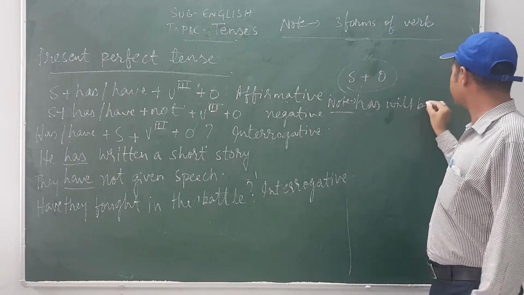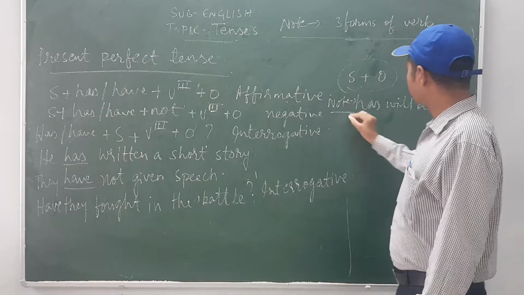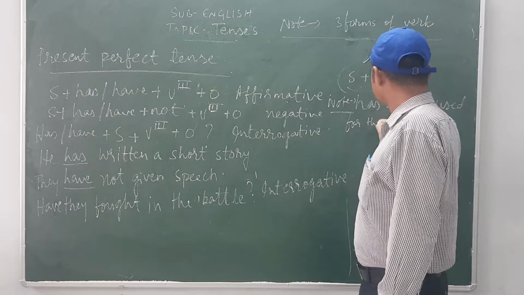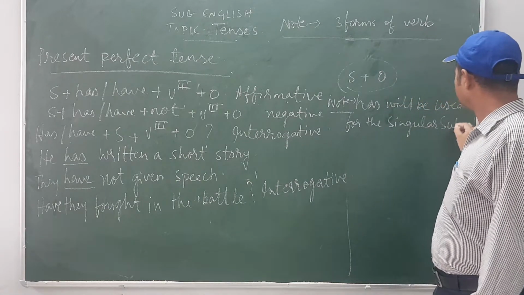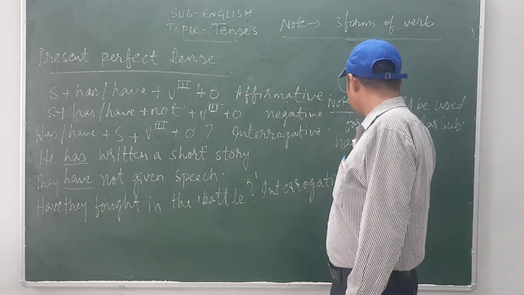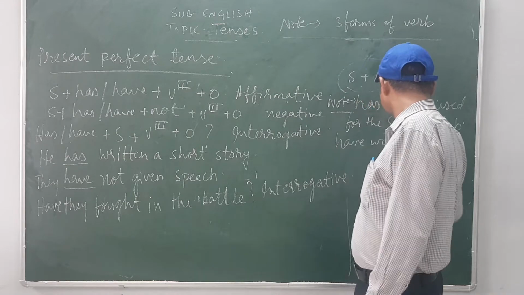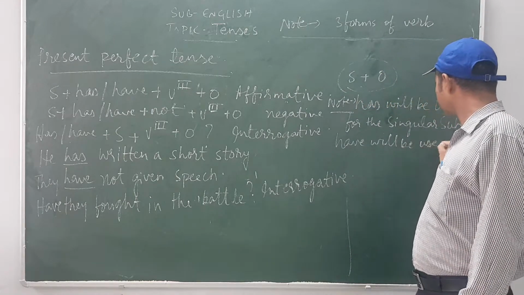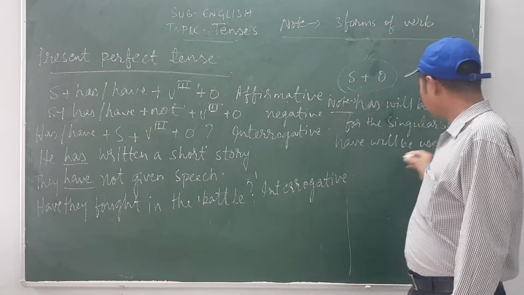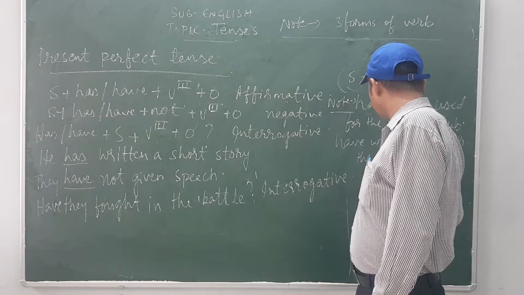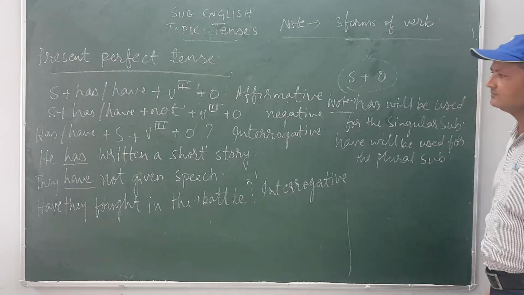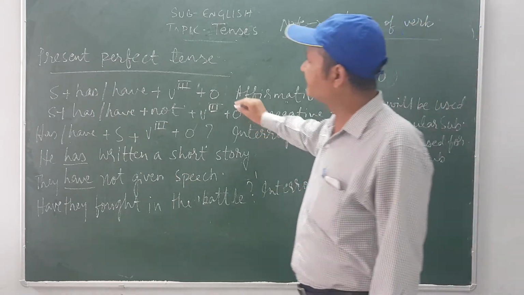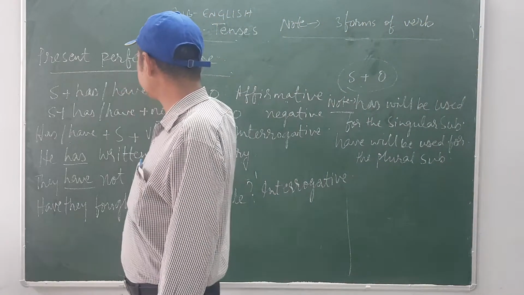Has will be used for the singular subject, and have will be used for the plural subject. So I have completely given the format of the present perfect tense.